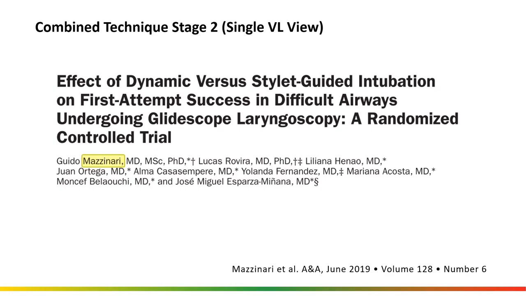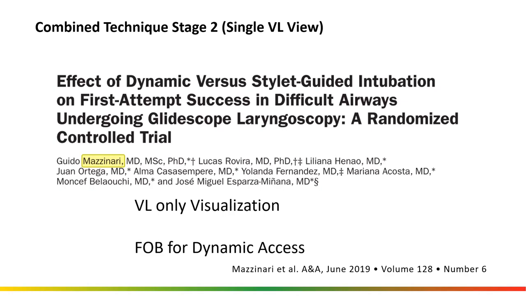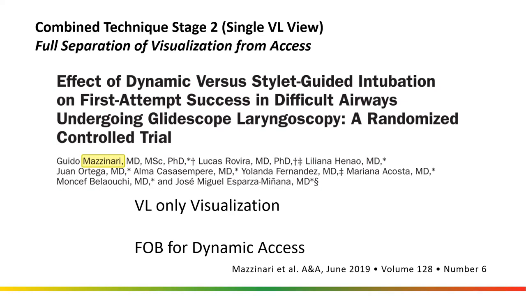And Mazzanari is in Italy, and so he did a randomized control trial comparing a rigid stylet versus a dynamic stylet with a video laryngoscope providing visualization. Okay, so important: VL only visualization in this stage of combined technique. Fiber optic bronchoscope is simply used for dynamic access.